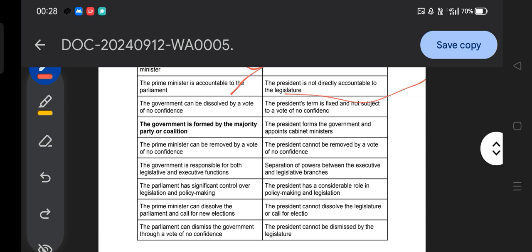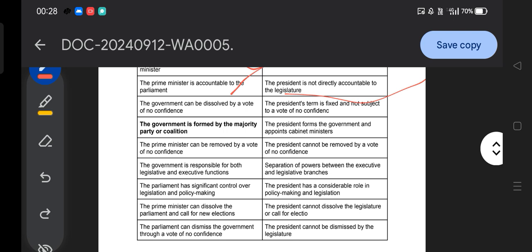Separation of power between the three organs is a significant feature of the presidential form of government. Okay sir, the separation of power doctrine was first given by which scholar? It can be a question. It's Montesquieu. Montesquieu provided the doctrine of separation of power in his book The Spirit of Laws.